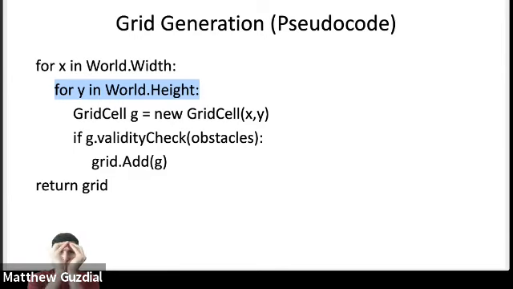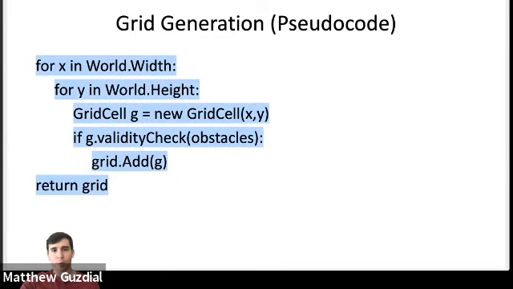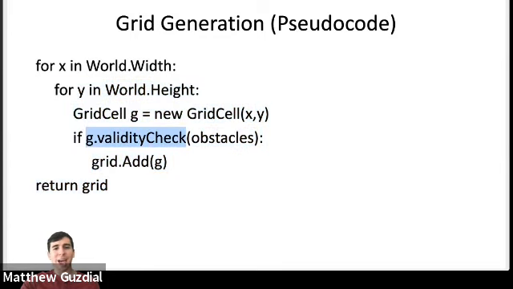And we check: if this grid cell was here, would it be valid in terms of the obstacles I'm aware of? In other words, is it not intersecting an obstacle in any way? If so, we add this potential grid cell to our grid and then return our grid. Really straightforward. Most of the complexity is happening in the validity check, which we can talk about a little more in just a second. Any questions on this?